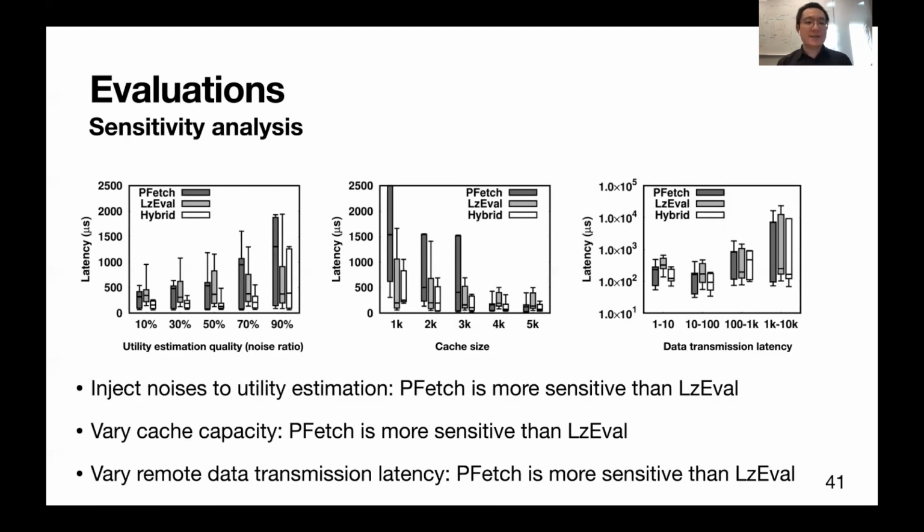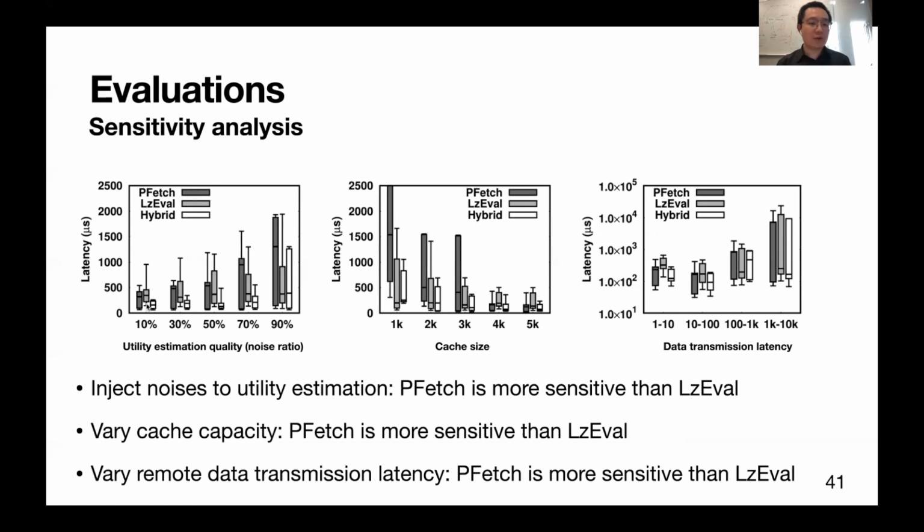Now we look at sensitivity analysis of different parameters of the EIRES framework. We first investigate the utility estimation quality. To this end, we inject noise into the utility estimation. Here, the horizontal axis illustrates the different ratios of the noise, and the vertical axis illustrates the overall processing latency.